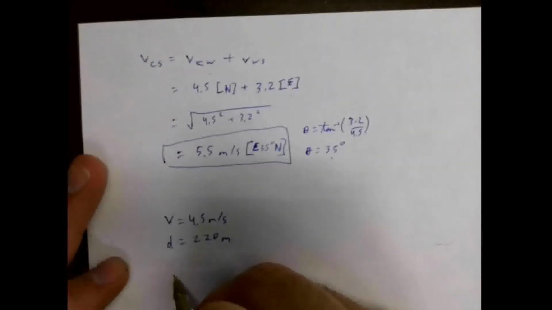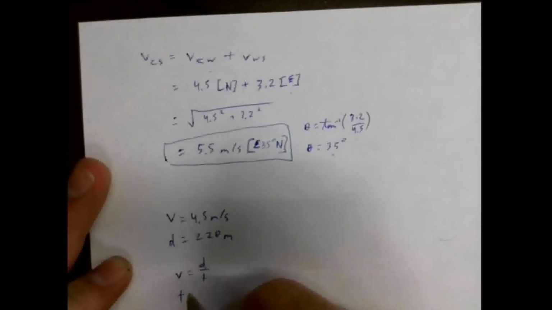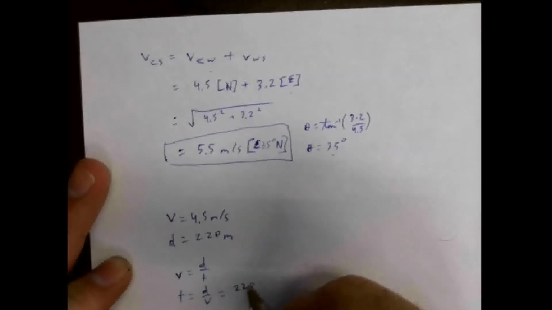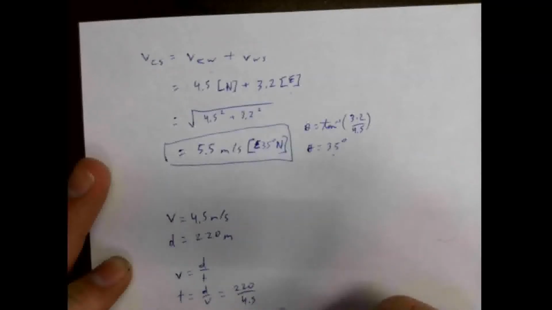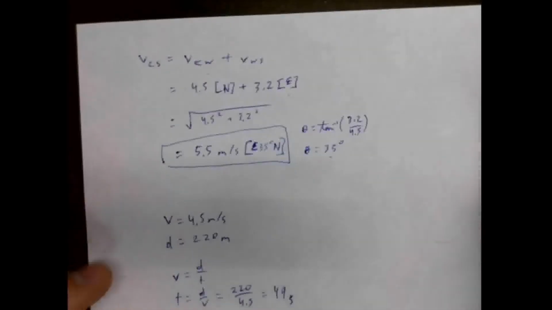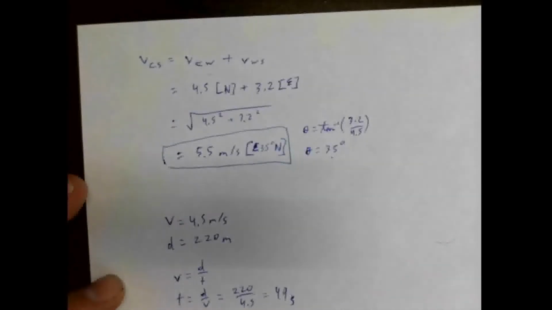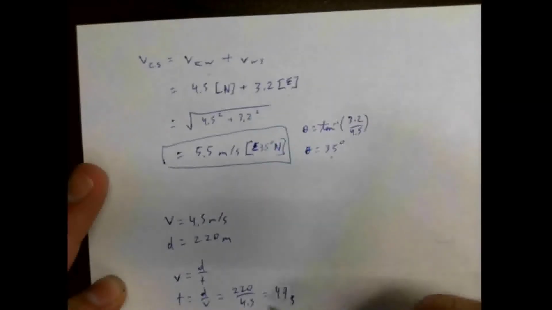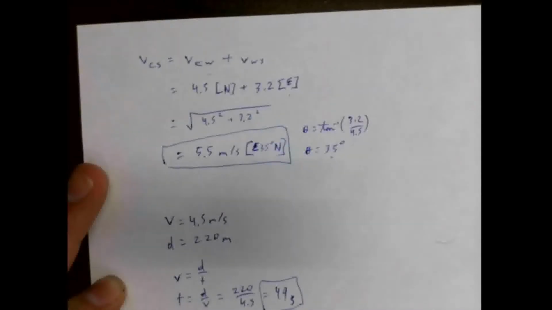So velocity equals d over t, which means that t equals d over v. That's 220 over 4.5. After rounding for significant digits, we end up with 49 seconds. And I will box that because that's a solution.